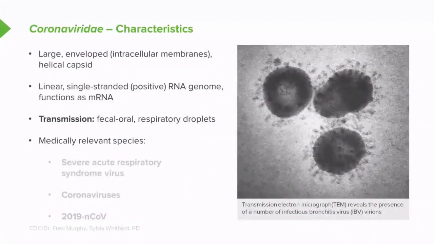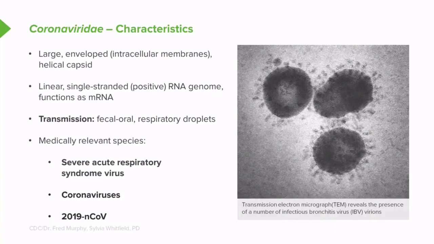There are medically relevant species which we talk about. One is the severe acute respiratory syndrome virus, otherwise known as SARS virus. And then the coronaviruses themselves, which are a frequent cause of respiratory and some gastrointestinal disorders. Unfortunately, we now need to add a third relevant virus, the 2019 novel coronavirus, which has been causing a severe disease outbreak stemming from Wuhan City, China.